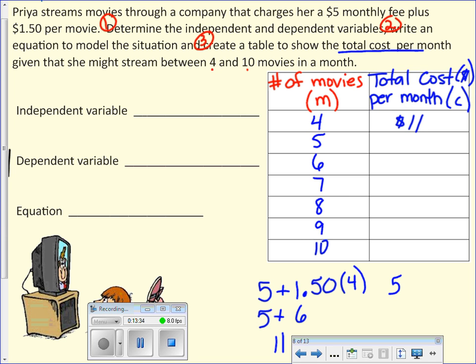It's $5 for the month plus $1.50 per movie, and there are 5 movies. So $5 plus $7.50. So it's $12.50 for 5 movies. $14 for 6 movies. Another $1.50 for a 7th movie.